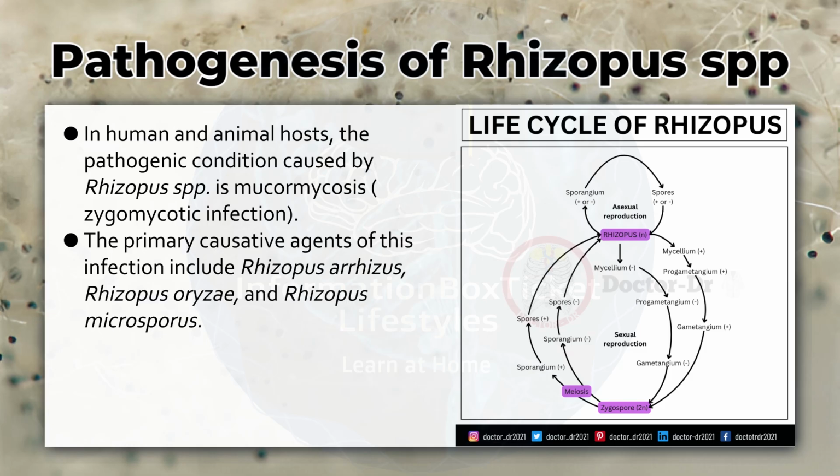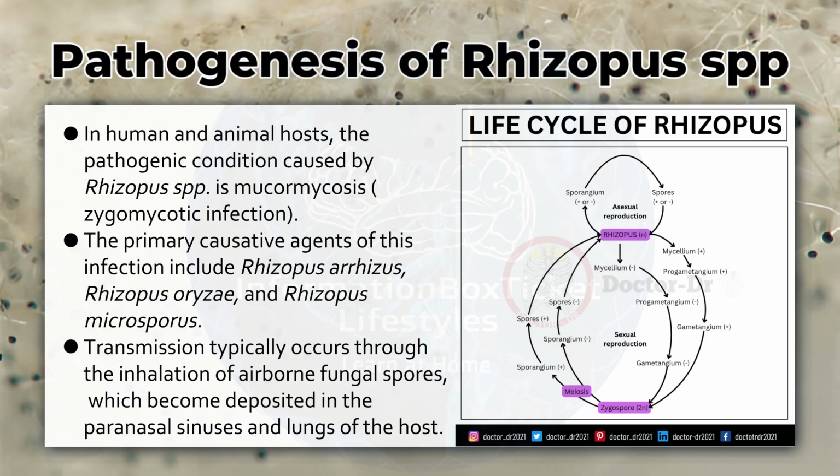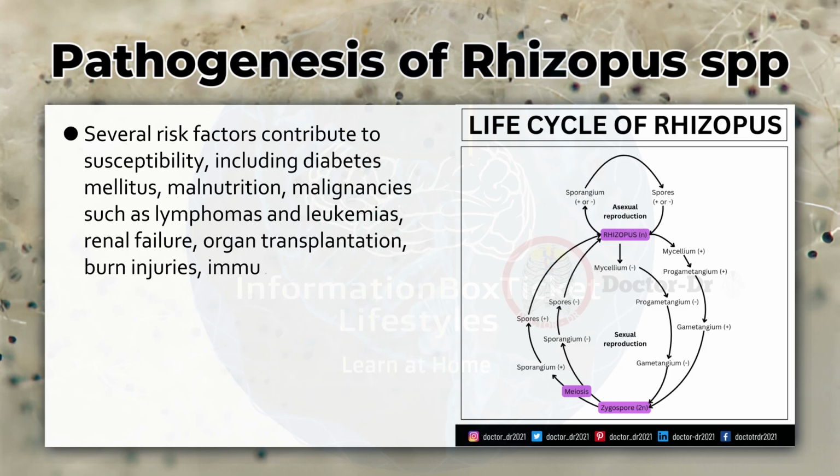The primary causative agents of this infection include Rhizopus arrhizus, Rhizopus oryzae, and Rhizopus microsporus. Transmission typically occurs through the inhalation of airborne fungal spores, which become deposited in the paranasal sinuses and lungs of the host. Several risk factors contribute to susceptibility, including diabetes mellitus, malnutrition, malignancies such as lymphomas and leukemias, renal failure, organ transplantation, burn injuries, immunosuppressive therapy, cirrhosis, and AIDS.